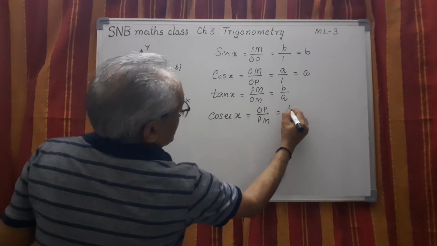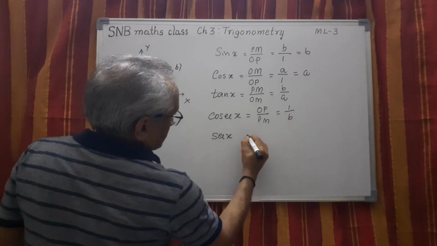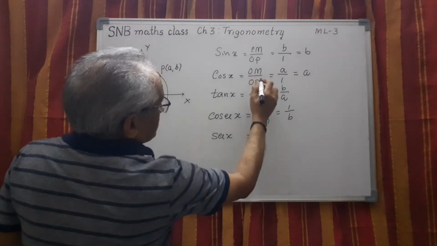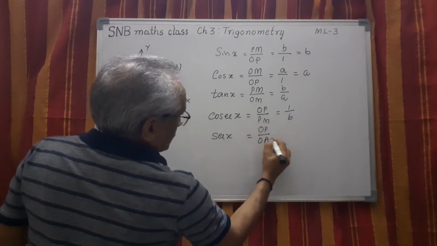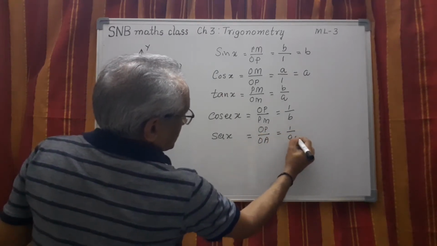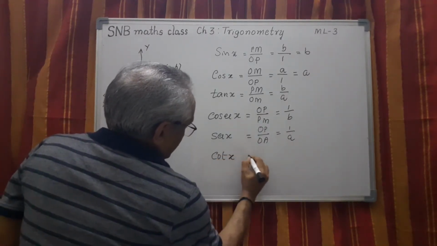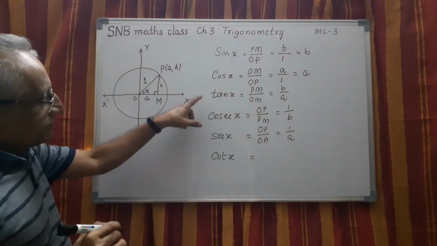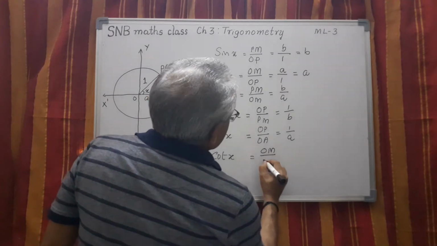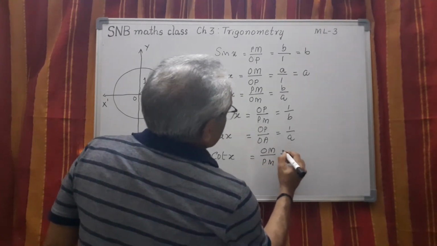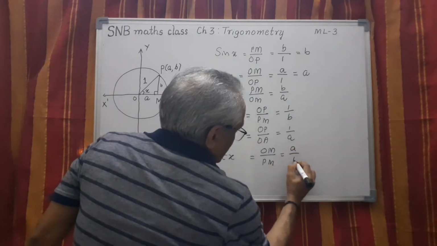So this is 1 by B. Same way secant x will be equal to reciprocal of cos, so it is OP divided by OM, this is 1 by A. Then we have defined cot x equal to the reciprocal of tan x, so this is OM divided by PM, so tan is B by A, this is A by B. So this we have done.